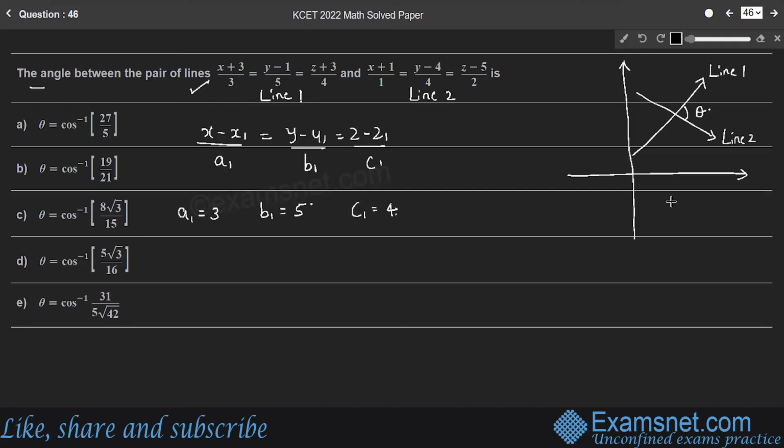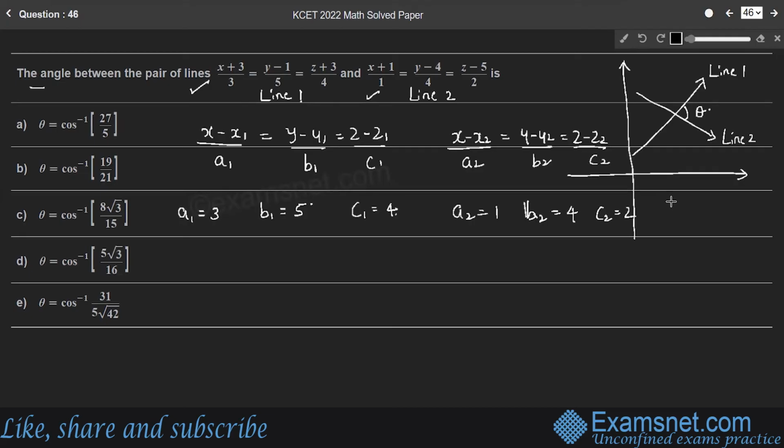In line 2, in the general case, we'll consider (x minus x2) by a2 is equal to (y minus y2) by b2 is equal to (z minus z2) by c2. In the given question, a2 is 1, b2 is 4, c2 is 2.